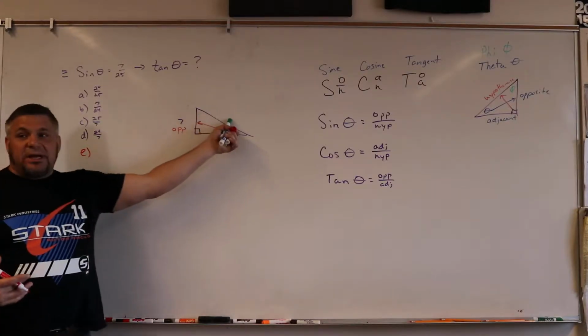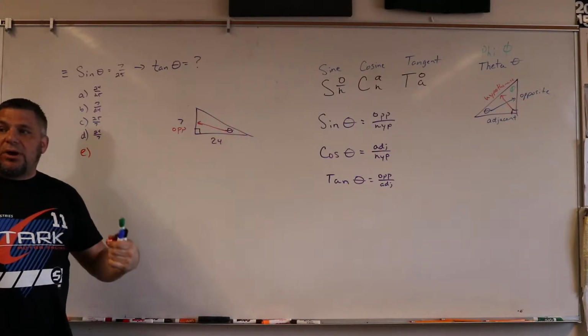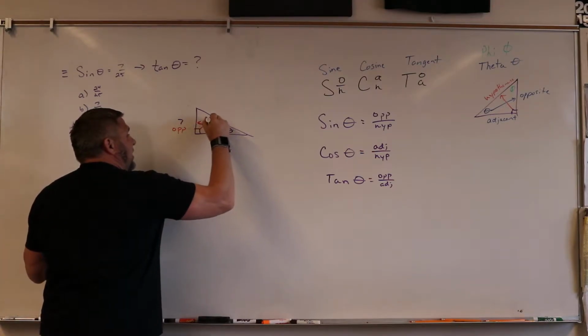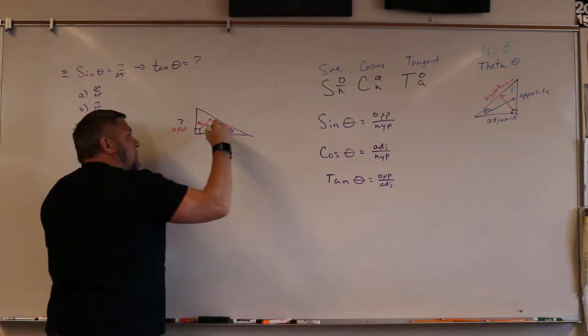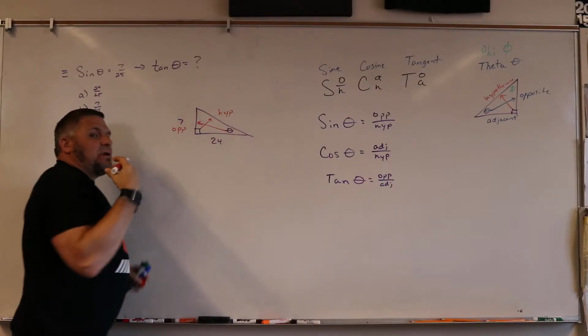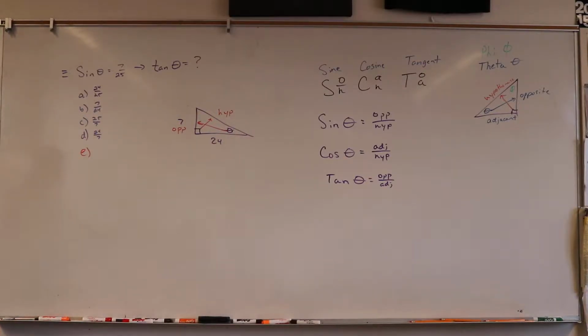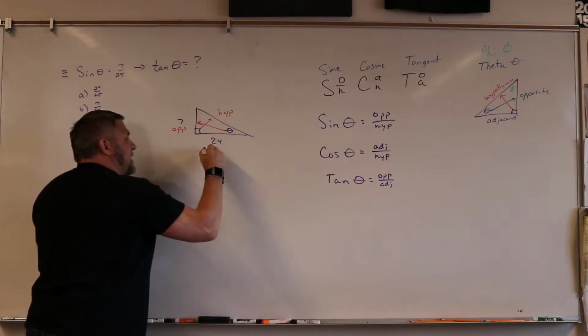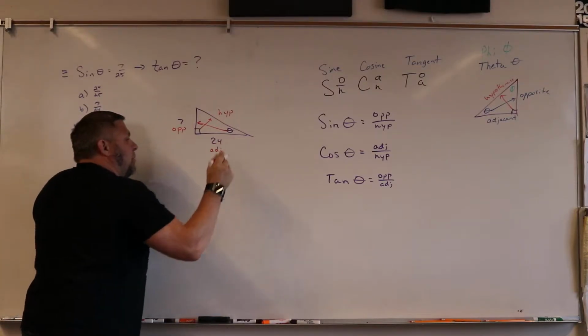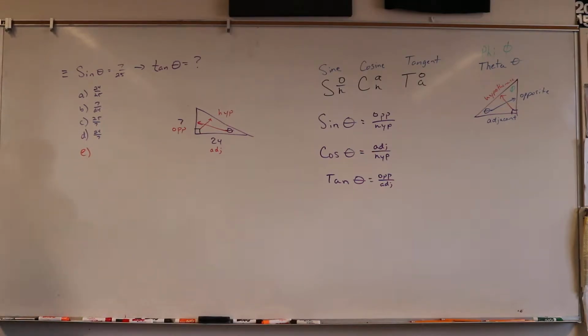No, it's the unknown, the one we don't know. It's the one that's opposite of the right angle. The hypotenuse is always the longest side. And then there's the adjacent. So once we know all that, now we can do this problem.